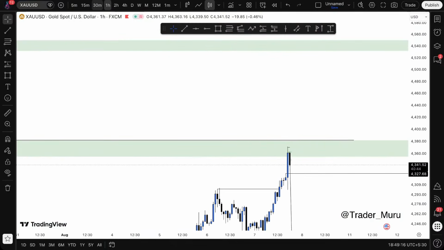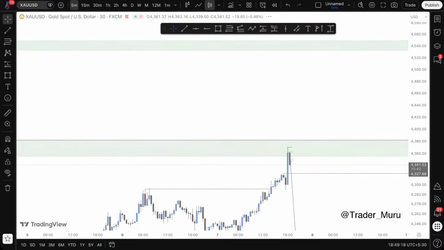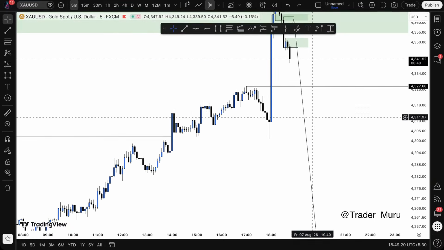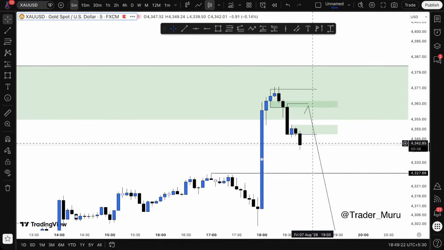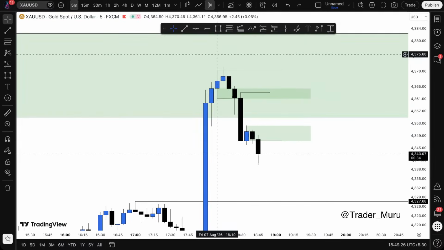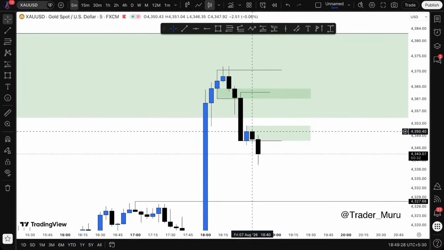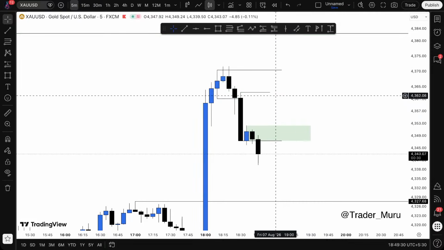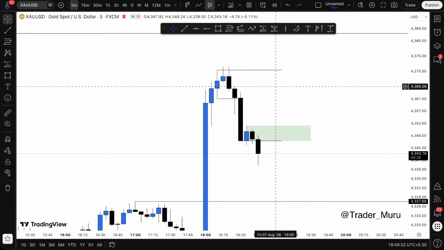Okay, we have to short early. Forget about this zone now. Momentum is bearish and this is our bearish candle. So price will test here and drop again.